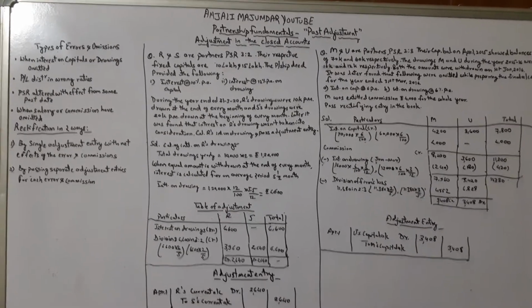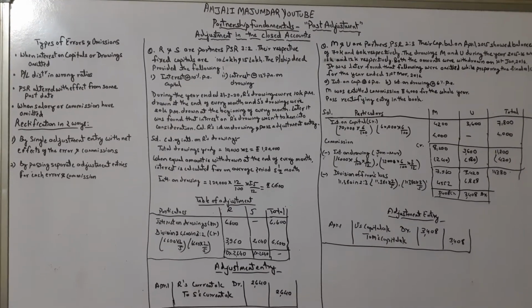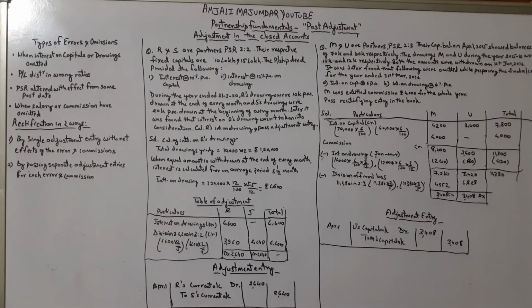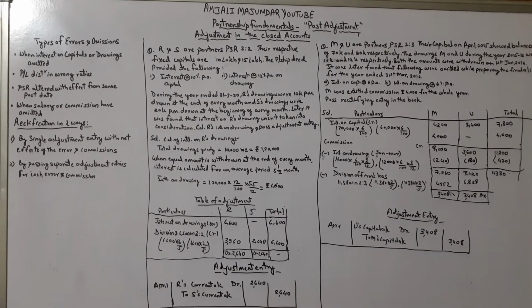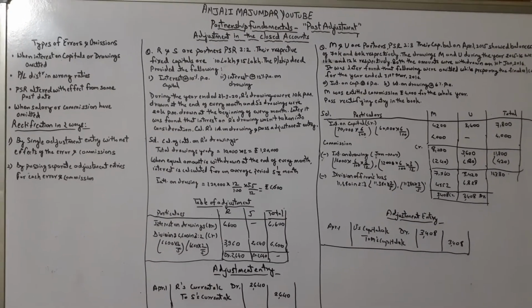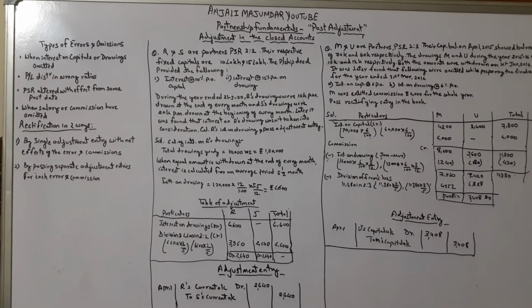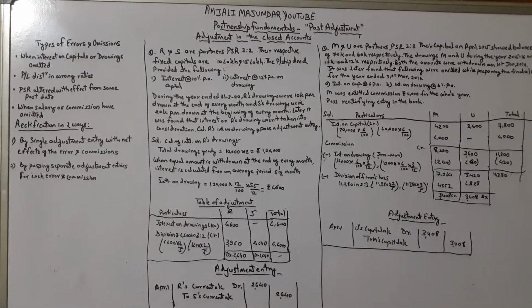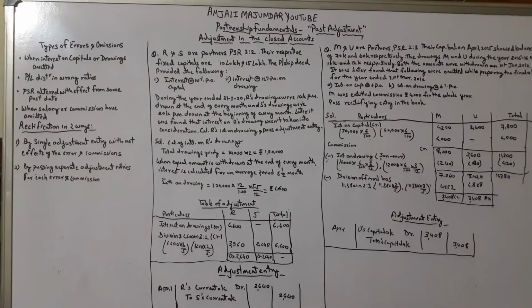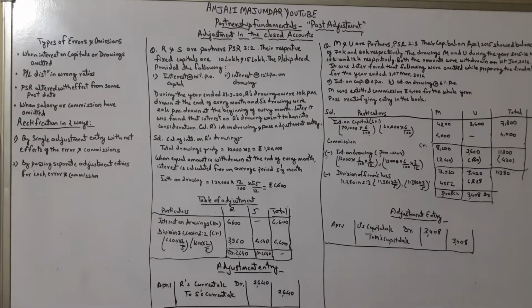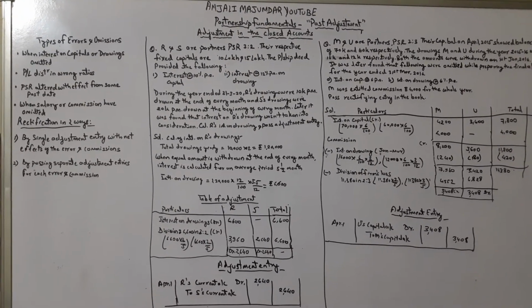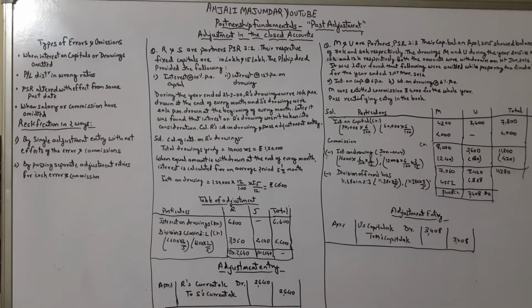Now, how to pass the adjustment entry or rectification? How to do the rectification? When we are aware that certain items have been omitted, like the examples given here, interest on capital is not taken into account, interest on drawing is not taken into account, or profit and loss is distributed in a wrong ratio, how do we rectify these errors?